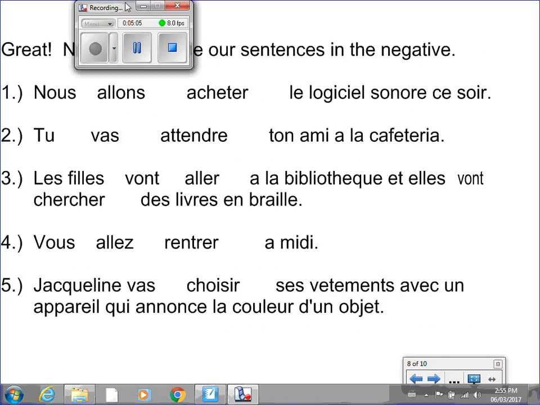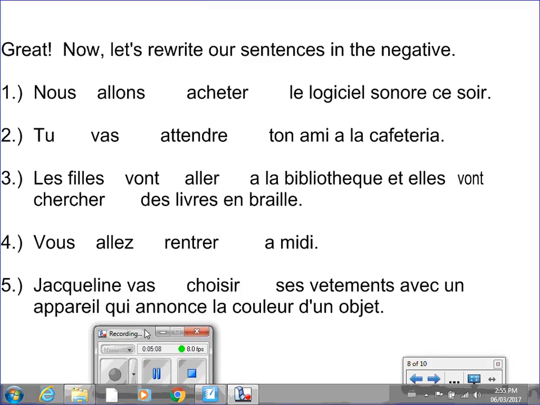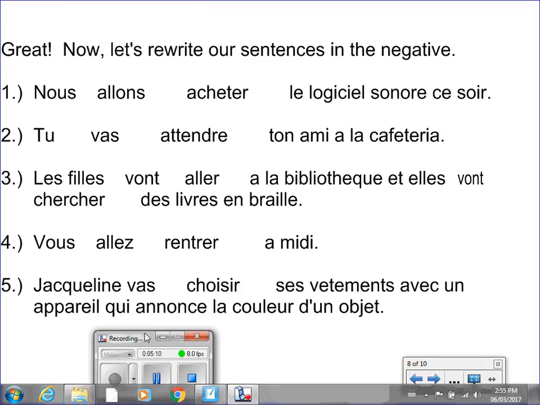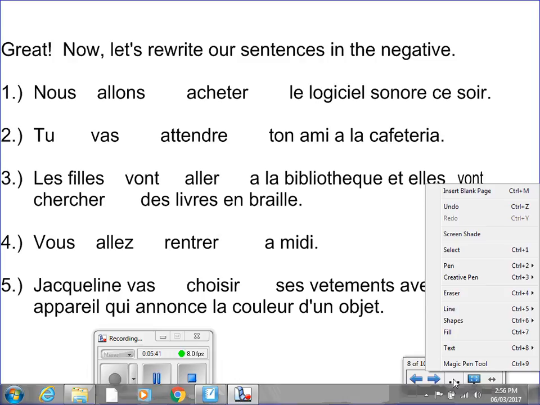Okay, so now for this slide, what we're going to do is we're going to take the sentences and we just need to add a couple of little words to put each sentence in the negative form. So for un, we have nous allons acheter le logiciel sonore ce soir. So of course, to make any sentence negative, we need to add the two words ne et pas. But the question is, where do we add ne et pas in each sentence when it's written in le futur proche?